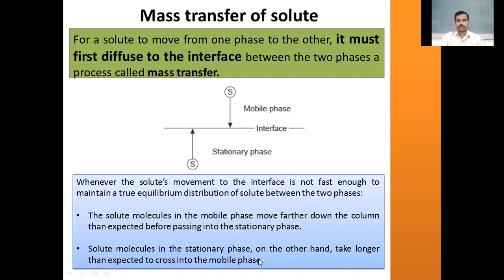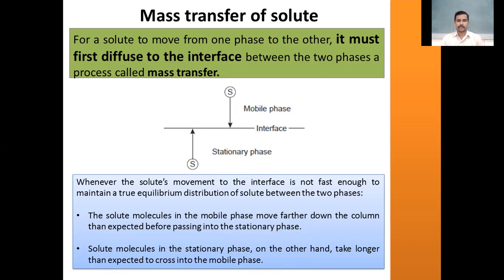The solute molecules in the stationary phase will take a longer time than expected to cross into the mobile phase. Whichever solute is present in the stationary phase will take a longer time to cross the interface to reach the mobile phase.